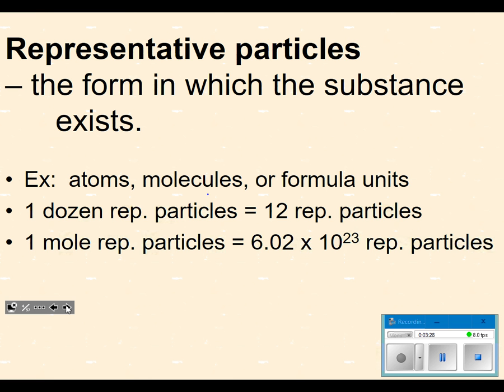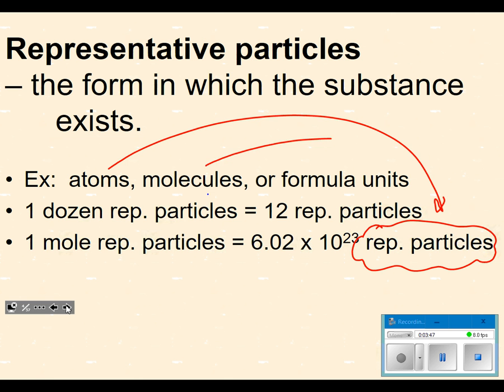And a mole is equal to 6.02 times 10 to the 23rd molecules. And a mole is equal to 6.02 times 10 to the 23rd formula units. So representative particles can be replaced with any of these words, depending on what we're talking about.